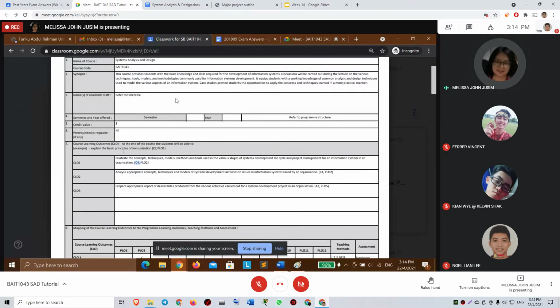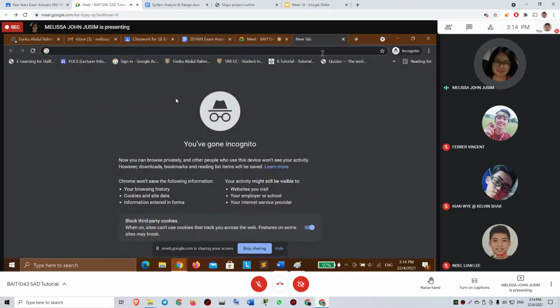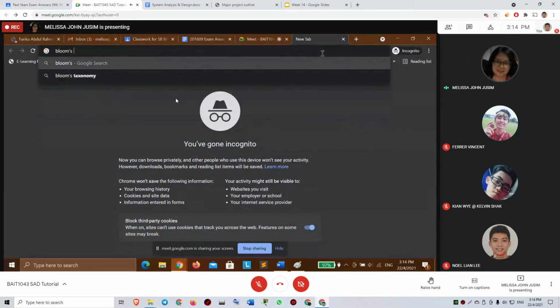You need to illustrate the concepts and techniques used in various stages of the system development life cycle. Let me show you Bloom's taxonomy, C4.